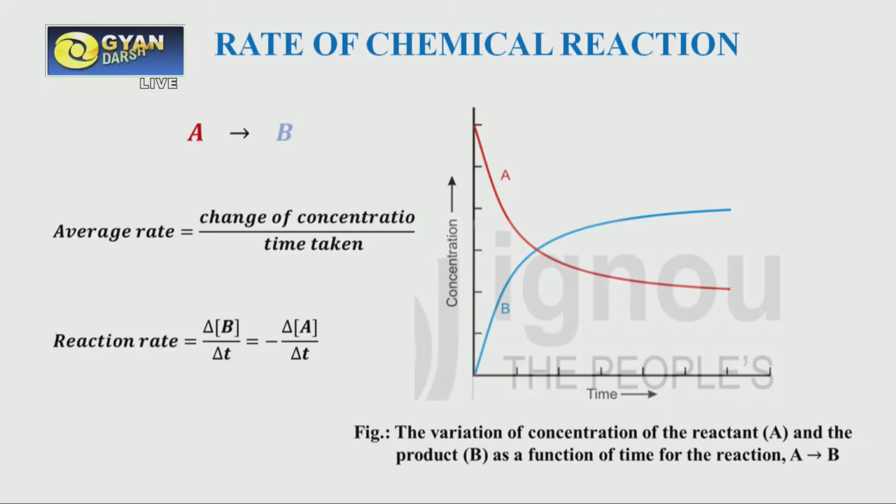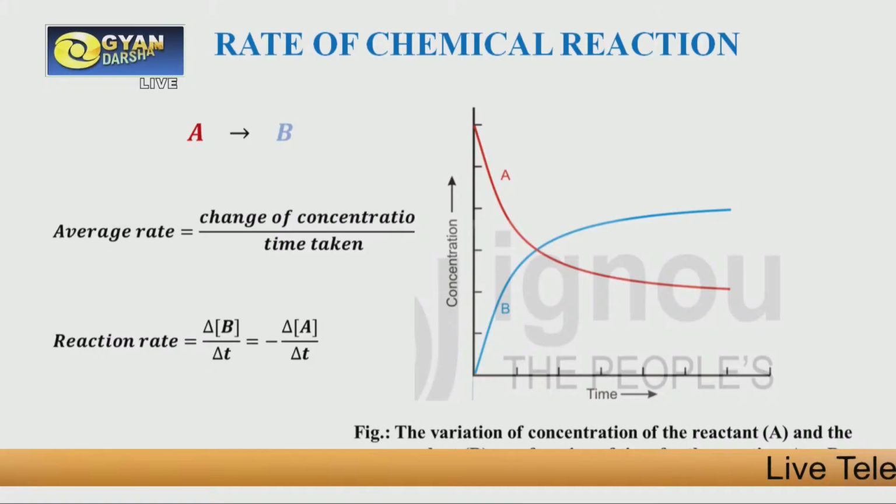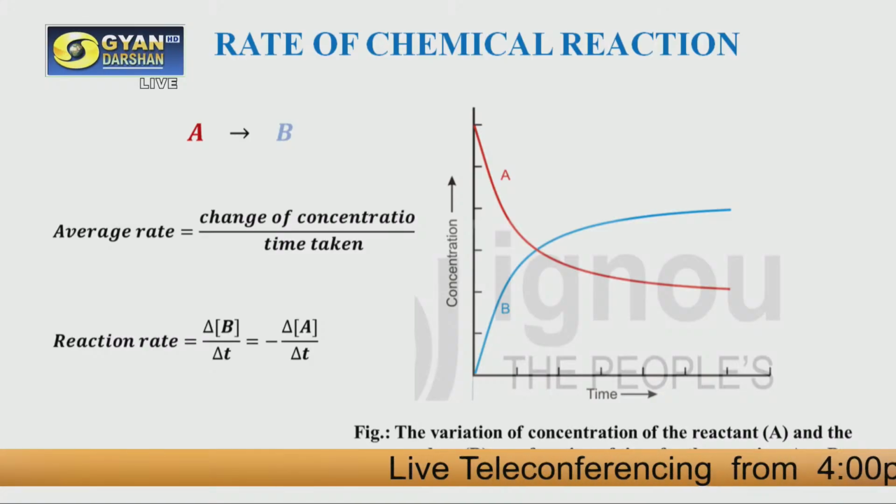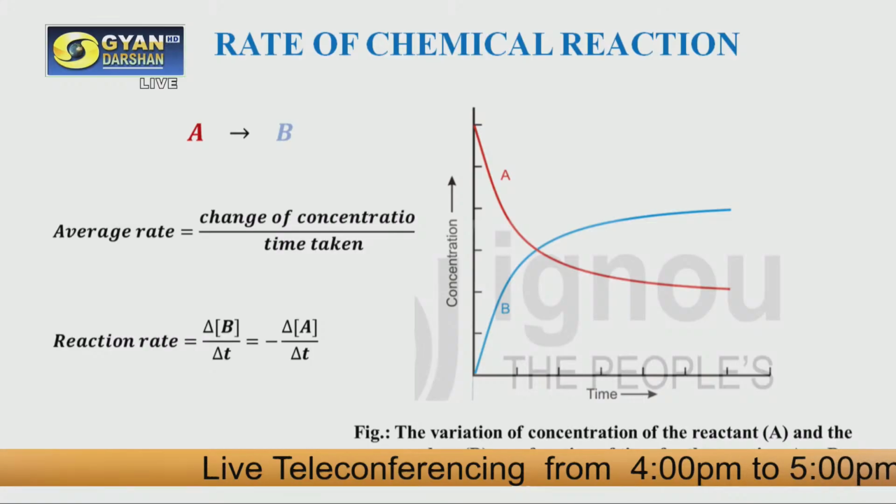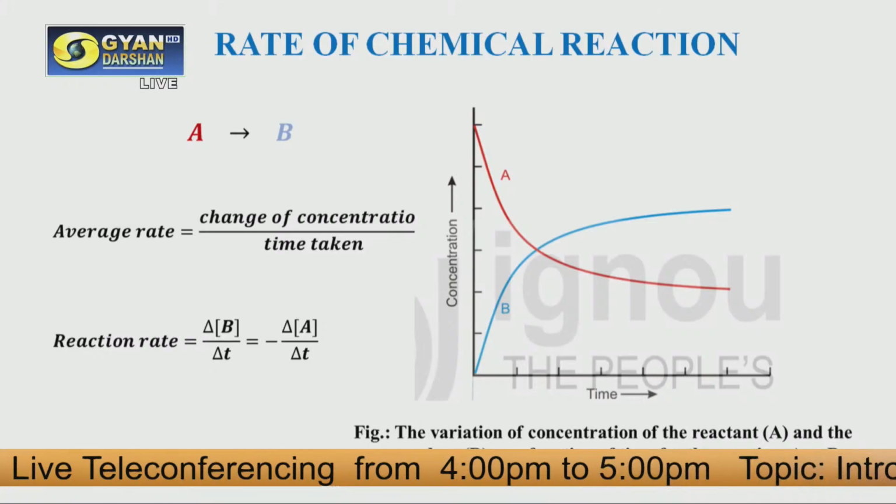Suppose we want to write it in terms of the concentration of A, because A is also changing, so we should write in terms of A also. Here we put the negative sign because rate cannot be negative. That's why we put the negative sign for the change in the concentration of A divided by the change in the time. So we can write the reaction rate in the product form or the reactant form.